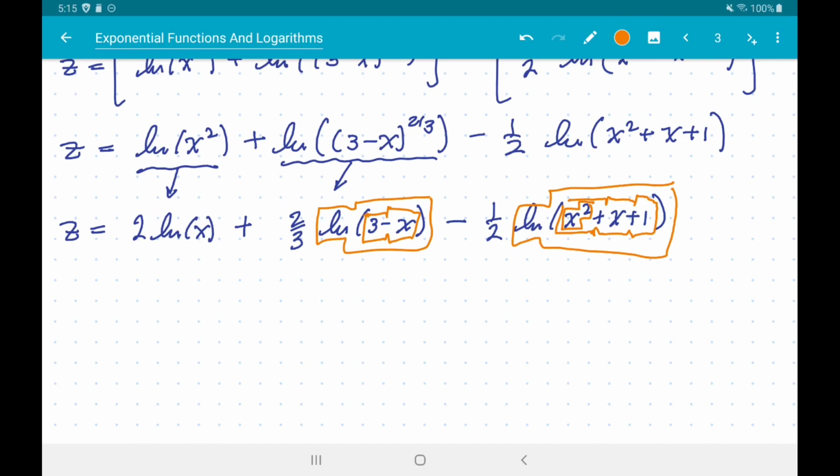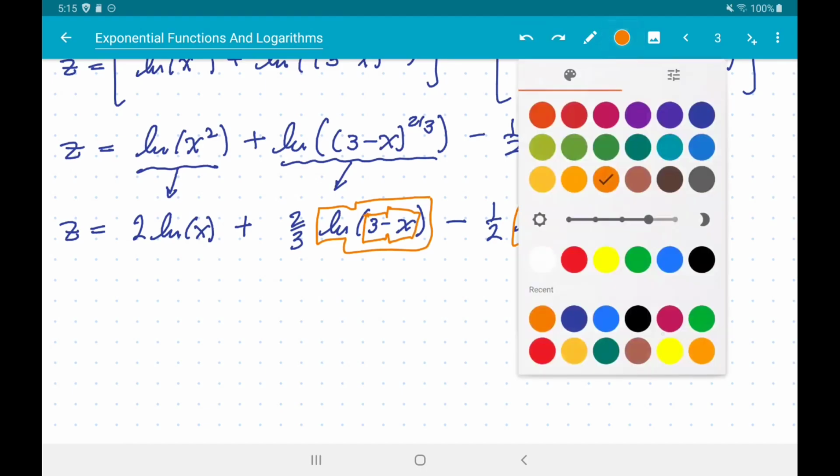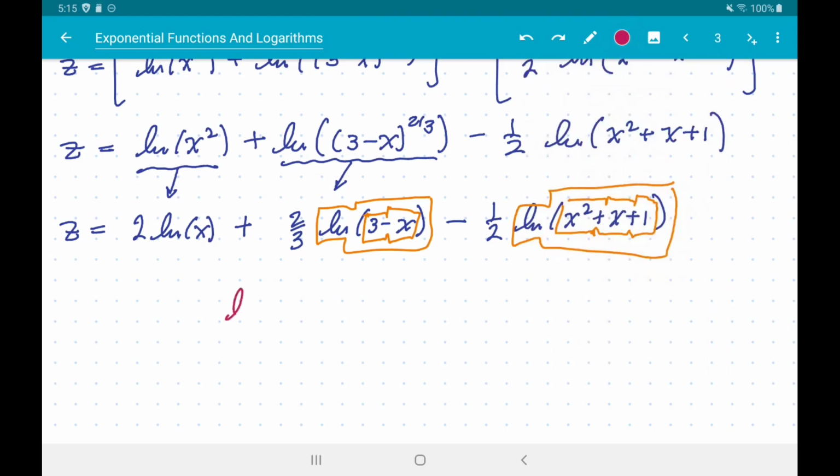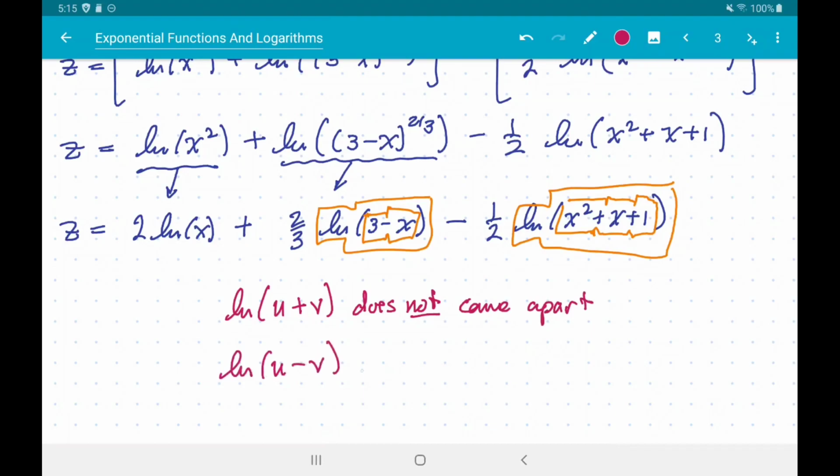It's instead applied to addition, and one of the things that's being added happens to be the square of 2. This is a very important thing to notice, which is that ln of, say, u plus v does not come apart. Ln of u minus v also does not come apart.